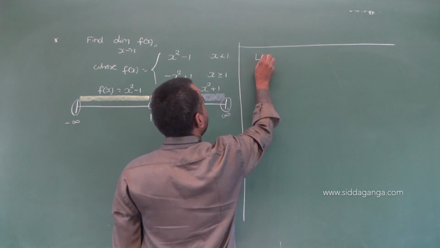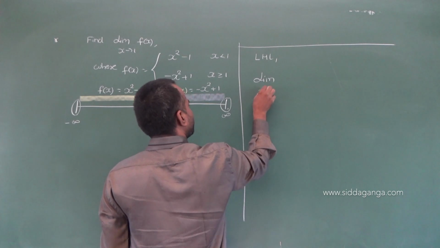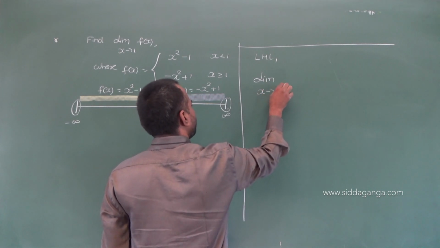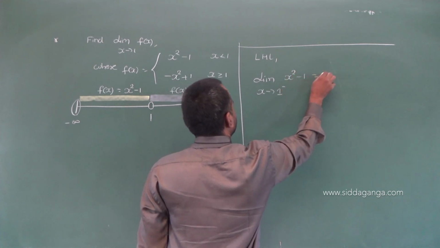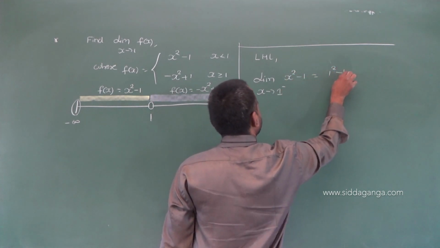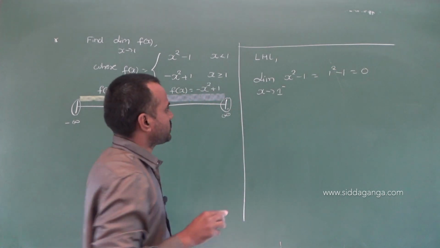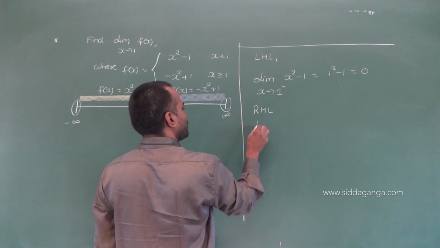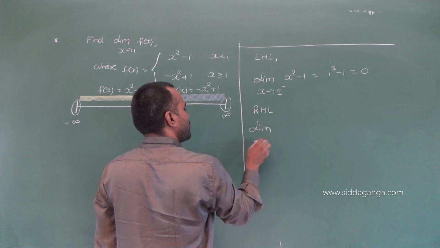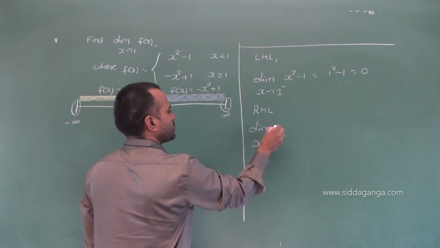So firstly we find left hand limit. x tends to 1 minus, x square minus 1, 1 square minus 1, answer is 0. Right hand limit, limit x tends to 1 plus, function is what?